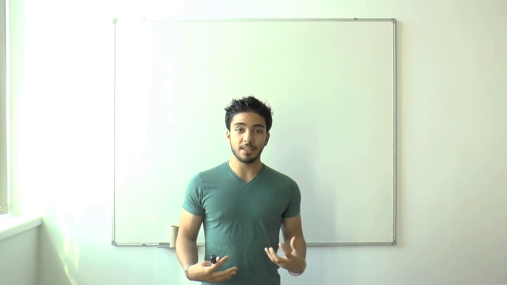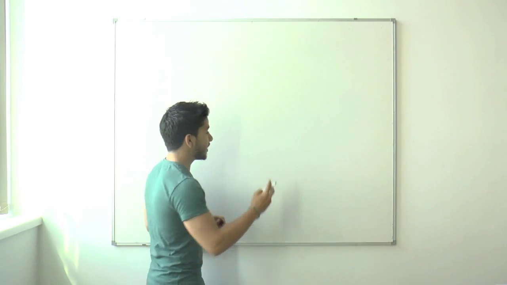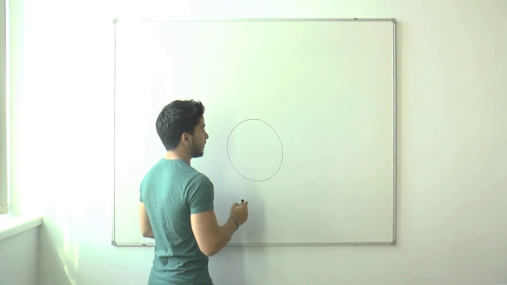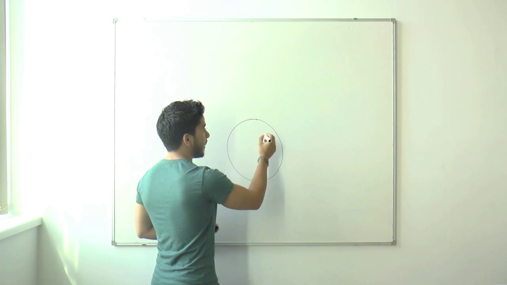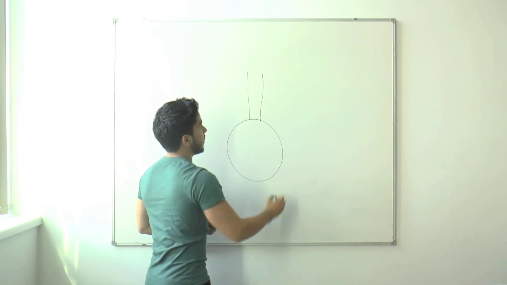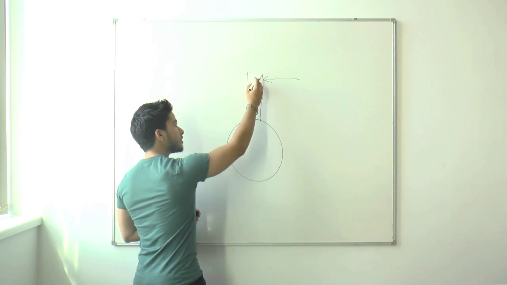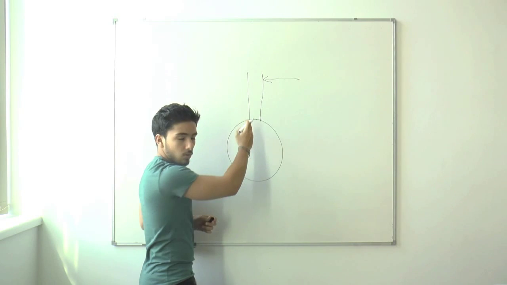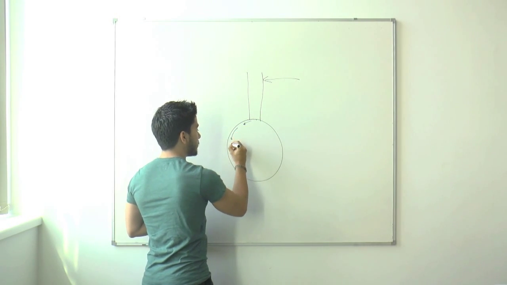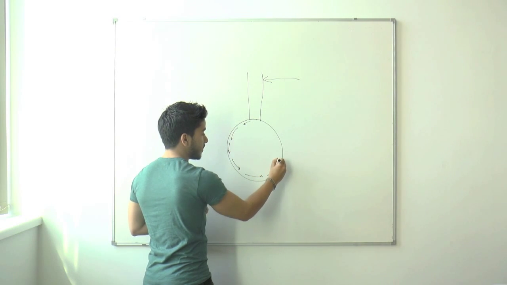So how does the mast resist this torsion? If you take a closer look, this is the cross section of the mast. And we have a yard arm going out, and we have a force acting on it. Then the shear force will be transmitted through this yard arm, and it will go in loops around the cross section of the mast.